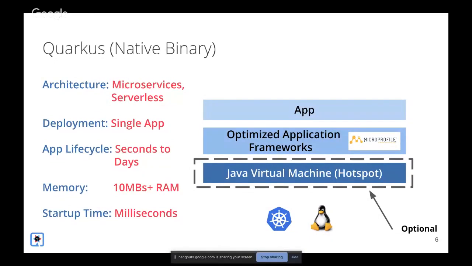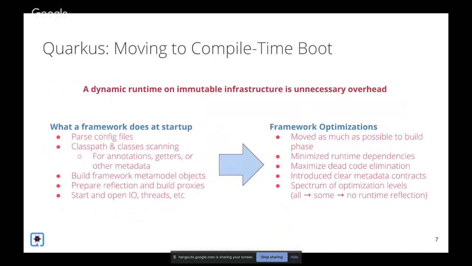That's the new target environment that organizations are deploying to, and so Quarkus specifically targets Kubernetes and containers. In a Kubernetes environment, it's an immutable environment, meaning that when I develop a container, I tend not to log into the container and make changes.